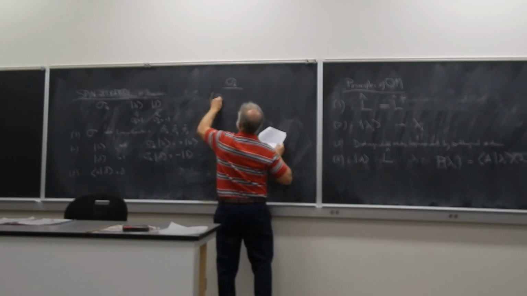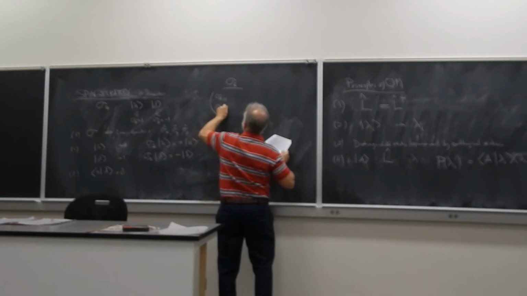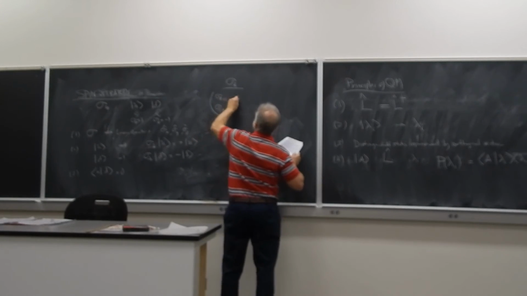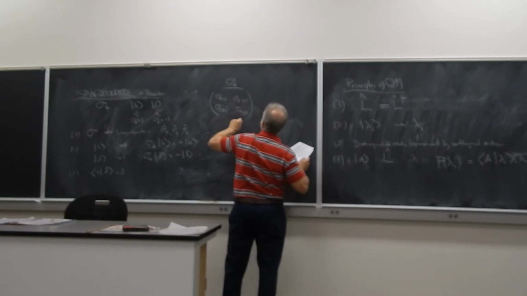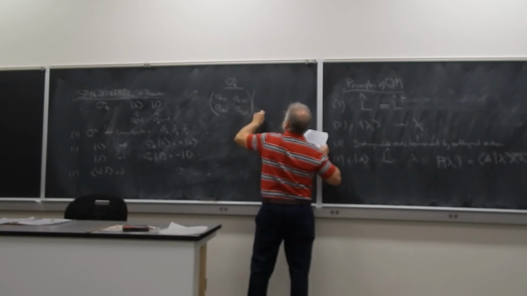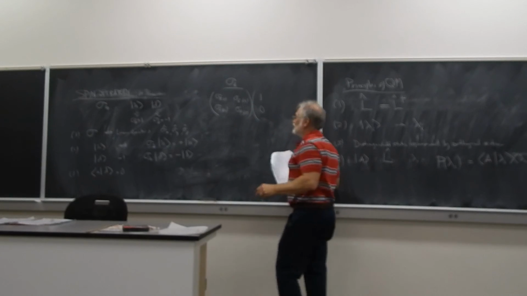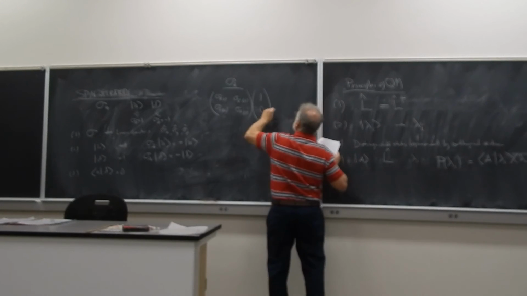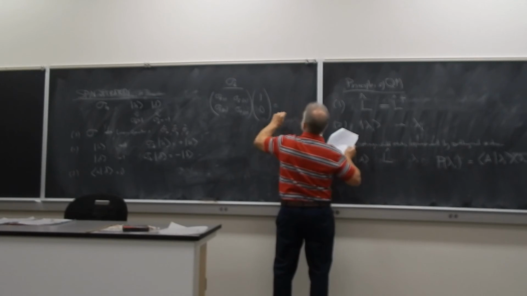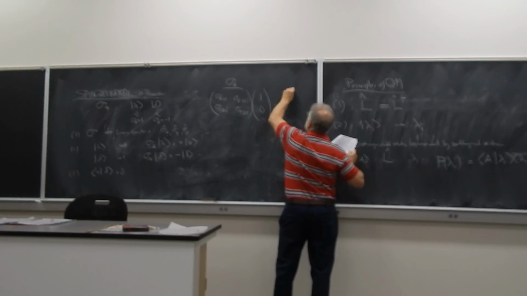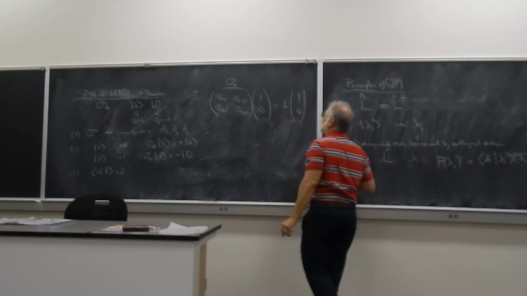We'll call this sigma z 1,1, sigma z 2,1, sigma z 1,2, sigma z 2,2. If I multiply by eigenvector u, (1, 0), I should get eigenvalue 1 times (1, 0).